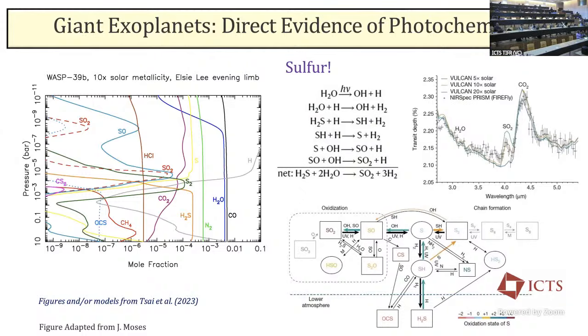Yes, thanks. So, in summary, I would like to make another point here. Retrievals are very good to get an idea about the possible chemical diversity you see in the atmosphere and how confidently you see some of these features.